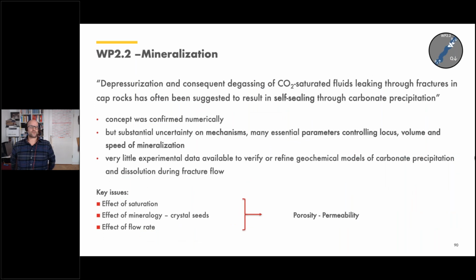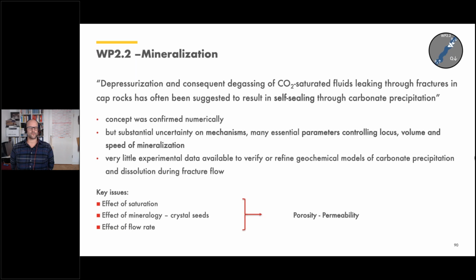The next set of measurements we did, that was done at Aachen University, is looking at mineralization, and it's very well known that depressurization results in degassing of CO2 saturated fluid, and that is leading to calcium carbonate or any kind of carbonate supersaturation and then precipitation.